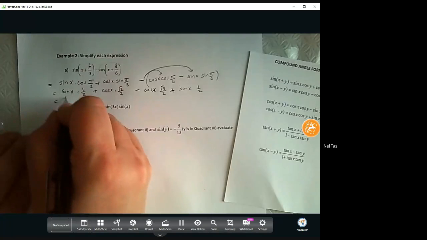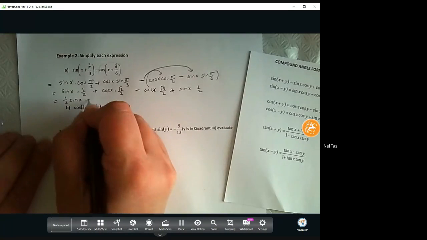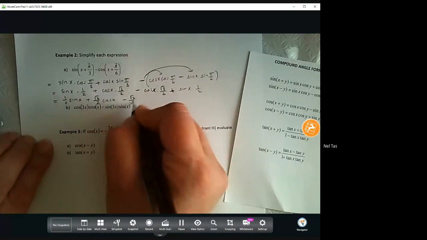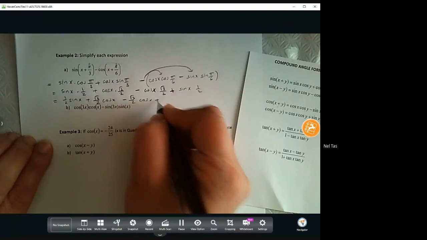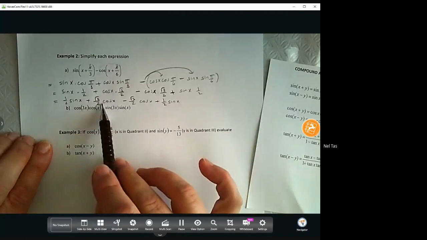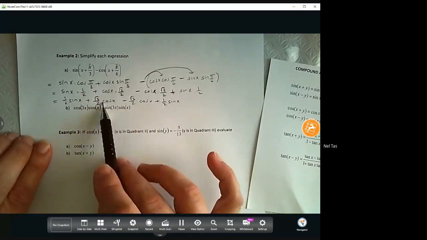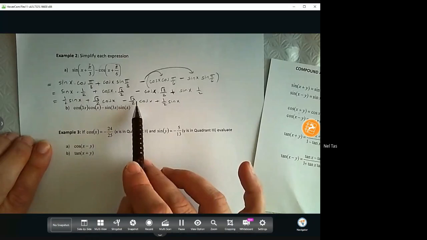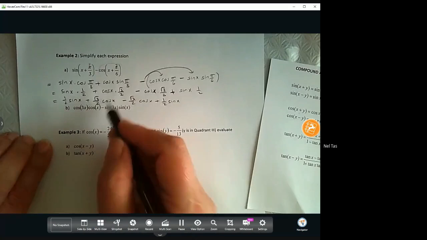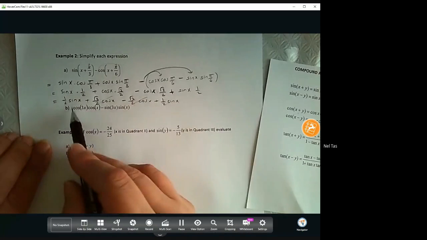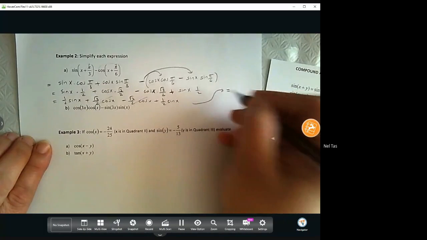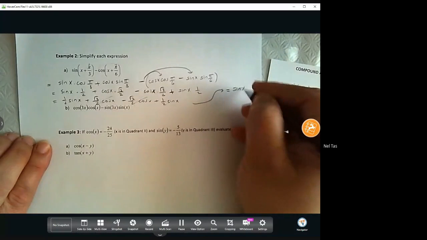So you have 1 over 2 sine x plus root 3 over 2 cos x minus root 3 over 2 cos x plus 1 over 2 sine x. As you see, the two cos x terms disappear, right? So positive root 3 and negative root 3. So these two are gone. So you have now 1 over 2 sine x plus 1 over 2 sine x. That gives you sine x.